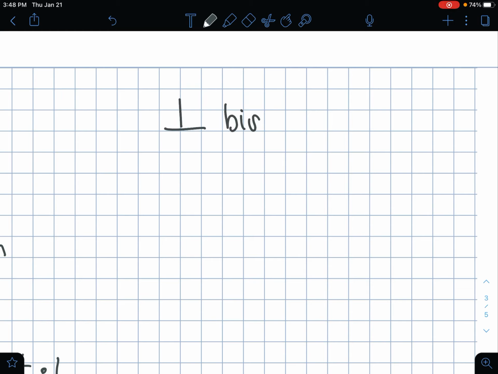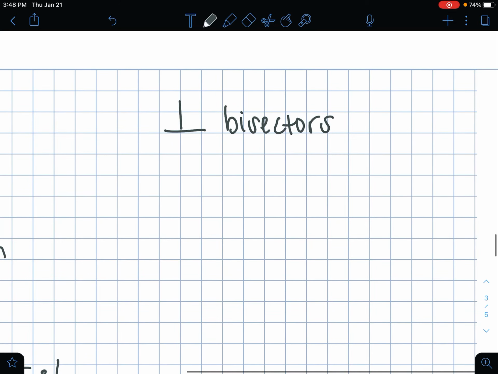The perpendicular bisector. And that point of concurrency is the circumcenter. So this one's pretty simple. All you need to remember is, had a brain fart, sorry.